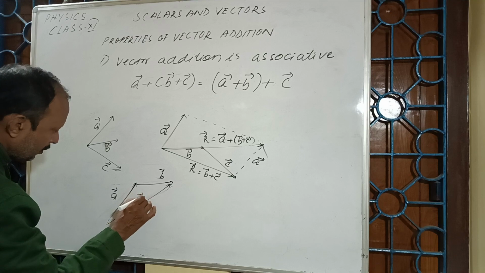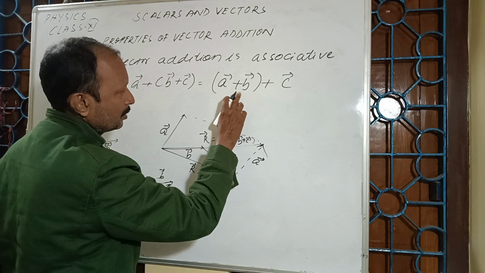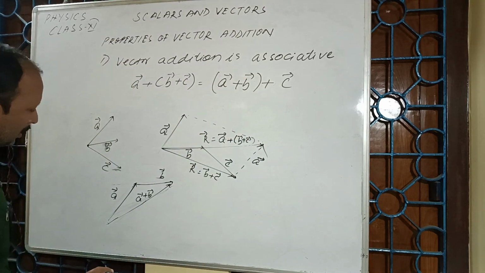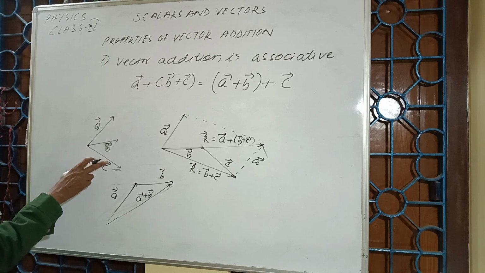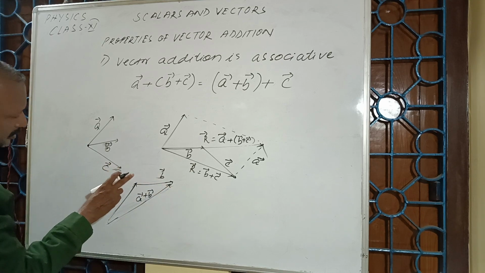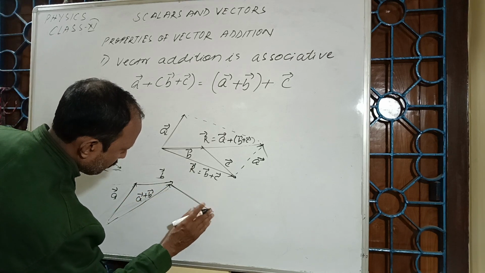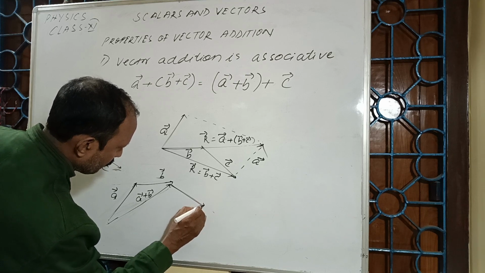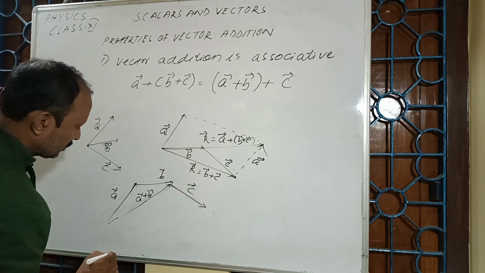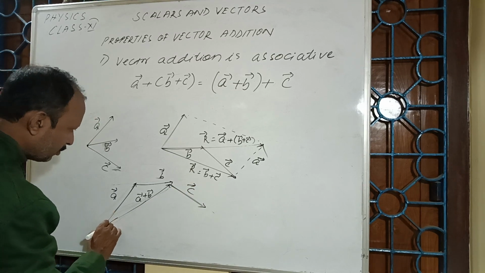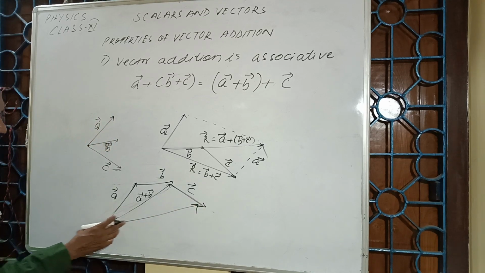This is A plus B. Again, I have to add C with this result. So now C is here. I am shifting it parallel. Now it is shifted to this place. That means this is the vector C. So the resultant vector will be like this.